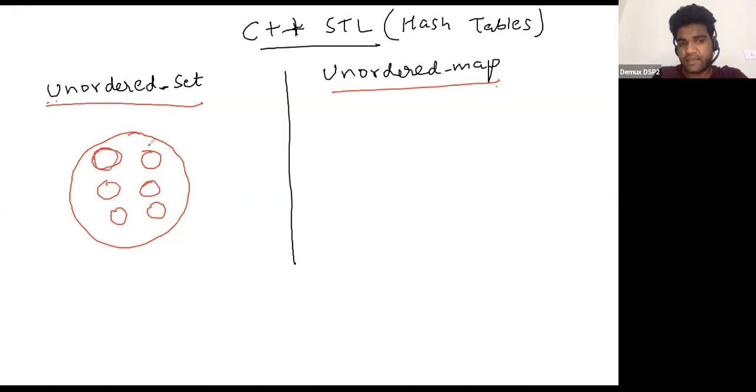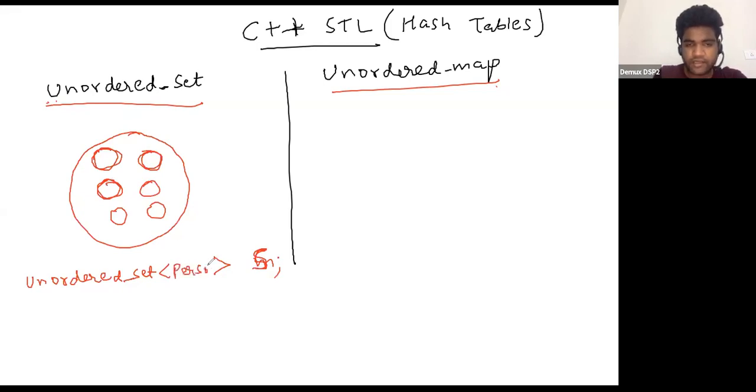So if you want to declare a specific container which contains this type of data items, where the entire data item, the entire data object, is stored in that particular location, then you can use this kind of syntax: unordered_set, and in angular brackets you specify the data type, and you specify a name for it, let's say s. Let's say you had a person's object which was a custom object that you defined.